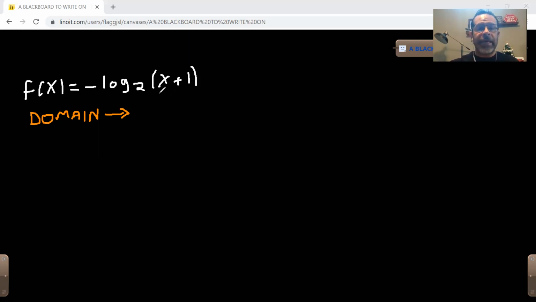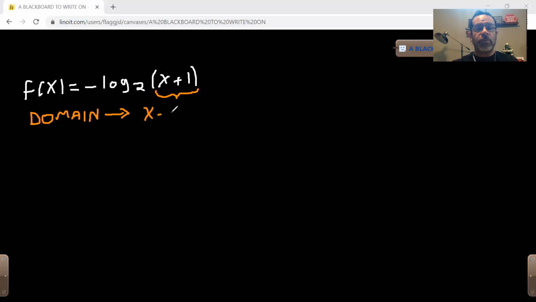The value inside the logarithm cannot be less than 0, or rather, it has to be larger than 0. That's the restriction of the domain.